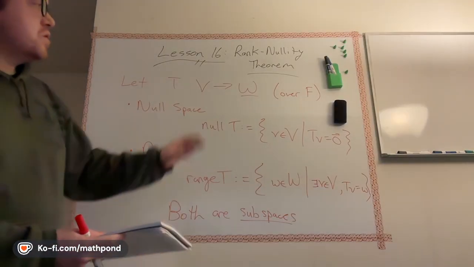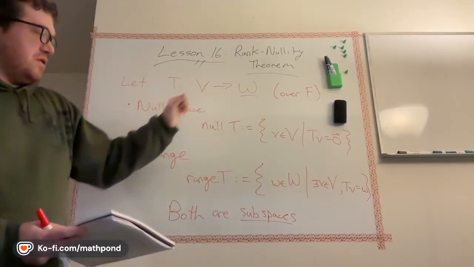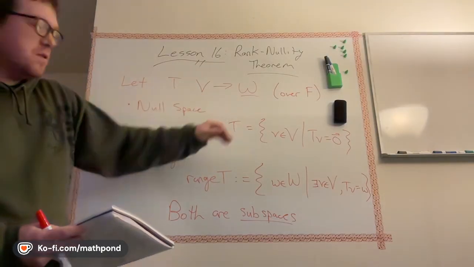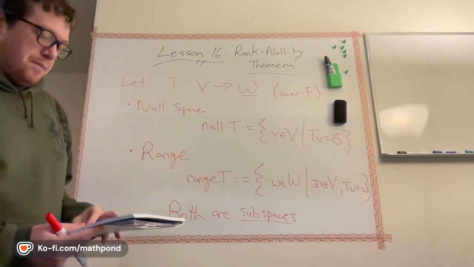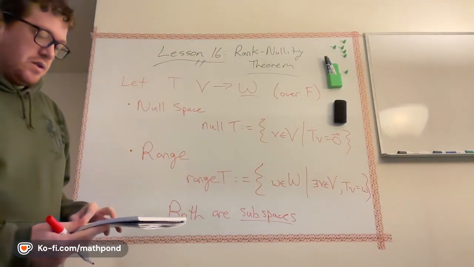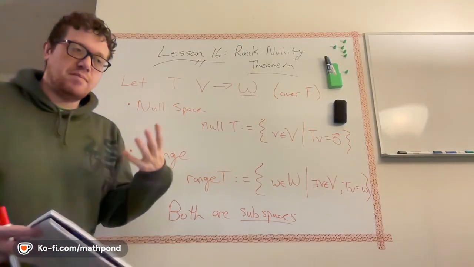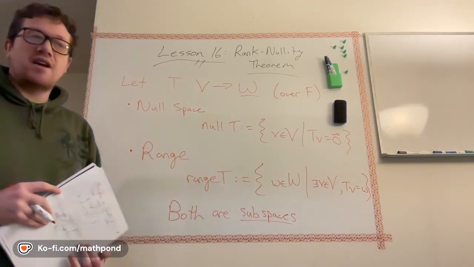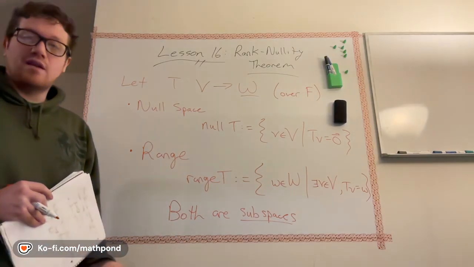Okay, so two subspaces of different spaces, one's a subspace of V, one's a subspace of W. Right, and so now we want to go into this main theorem. They call it the fundamental theorem of linear algebra, or sometimes the Rank-Nullity theorem.